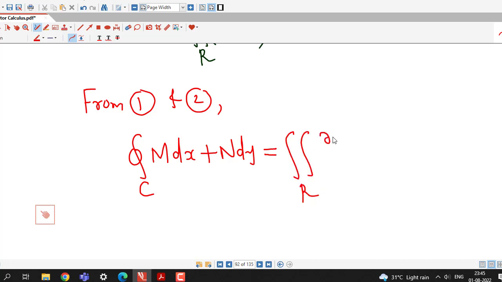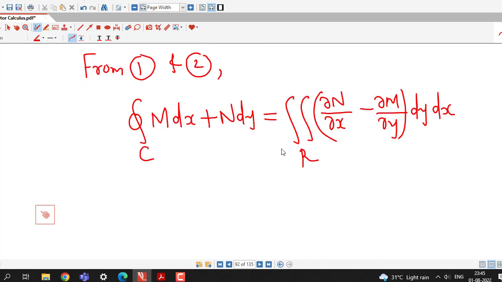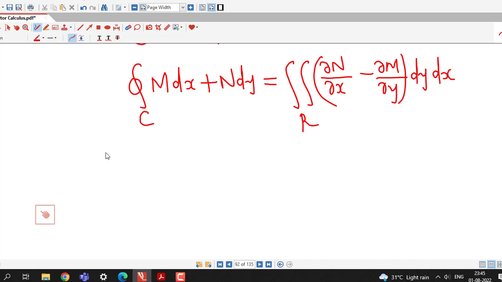So this line integral can be obtained by evaluating this double integral, del n by del x minus del m by del y, either dy dx or dx dy. So this is very important result, and we have verified that both of these are having same value, ab into b minus 1, and therefore we can say that Green's theorem is verified.